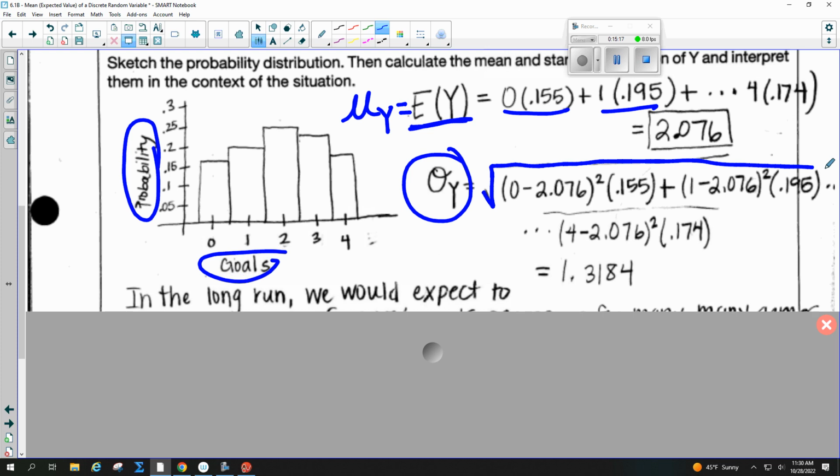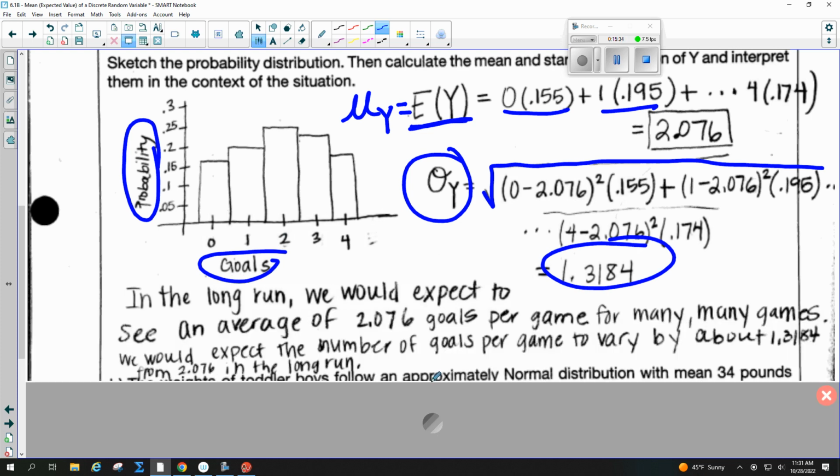So you should have 0 minus the mean squared times 0.155, and then 1 minus the mean squared times 0.195, dot, dot, dot. And you get 1.318. Then make sure you interpreted in the long run, after many, many games, we would expect the average number of goals per game to be 2.076. And then we're typically off by about 1.318 goals.